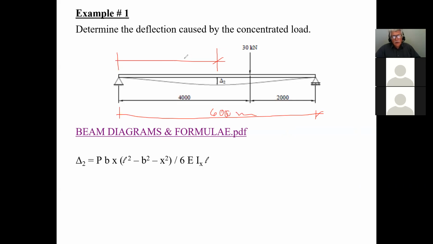I want to calculate at mid-span, which happens to be 3,000 millimeters, and that's the value of x. Since x is less than a, I can use the equation. So I have to make sure I conform to everything that is said in those formulas. I have to conform to the restrictions.